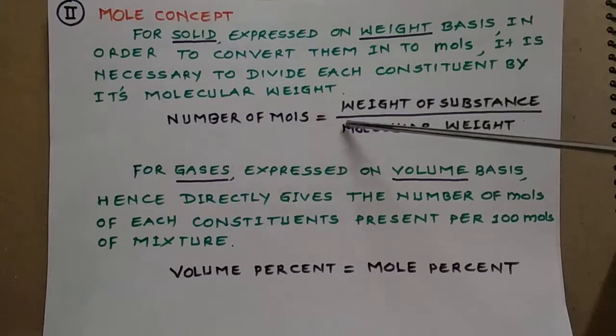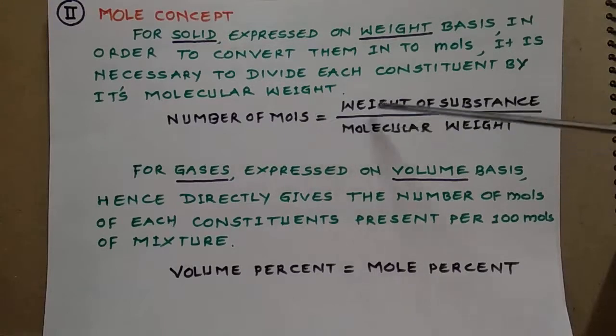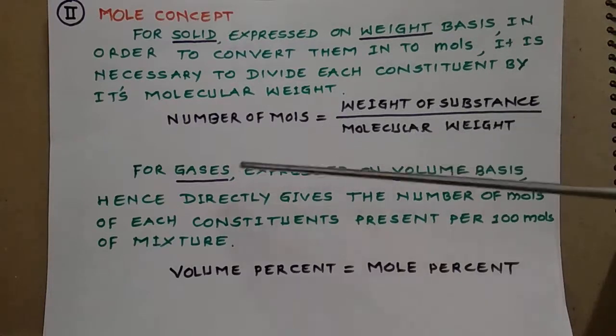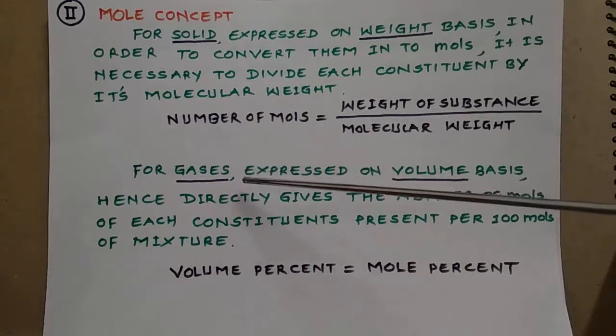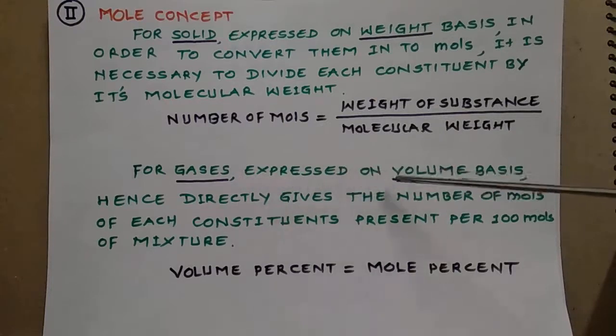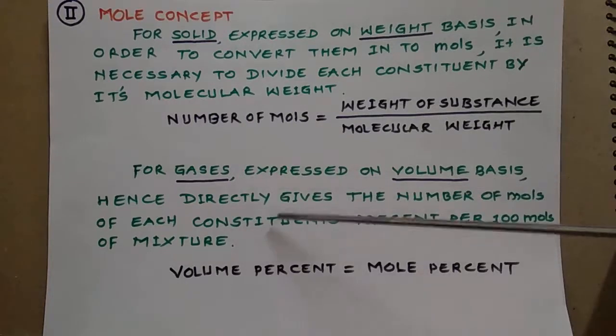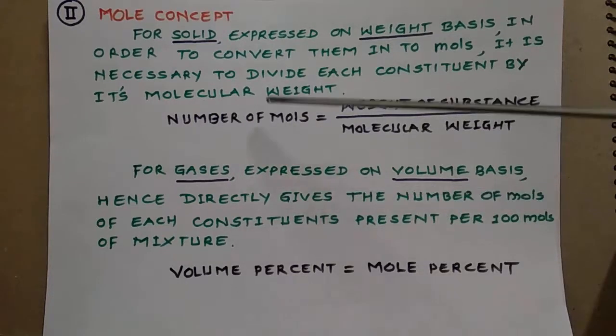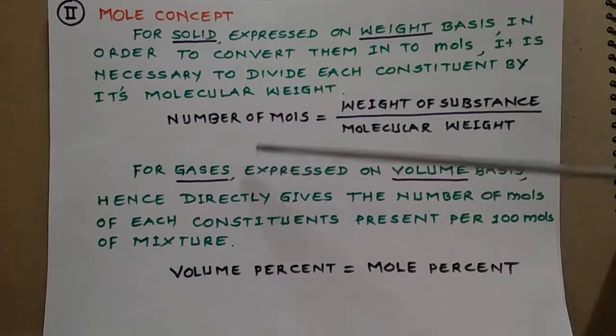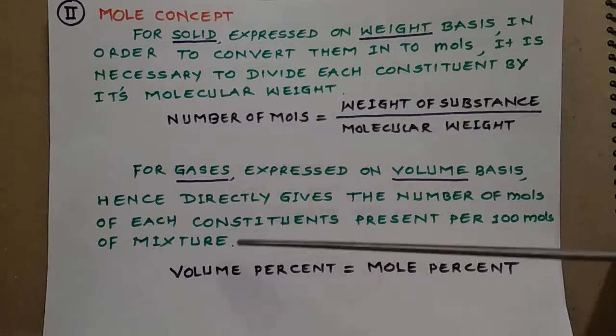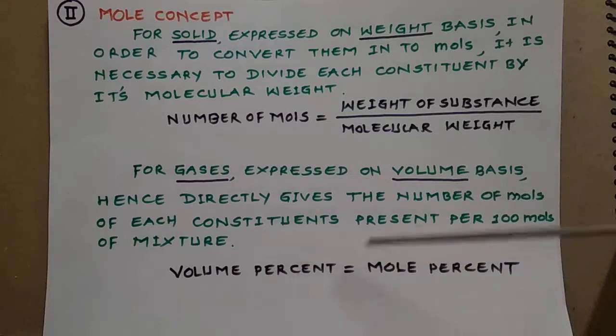So the formula is: number of moles equals weight of that substance divided by molecular weight. For gases, which are always expressed on a volume basis, there is no need to convert into moles, because volume percent is equal to mole percent, right?